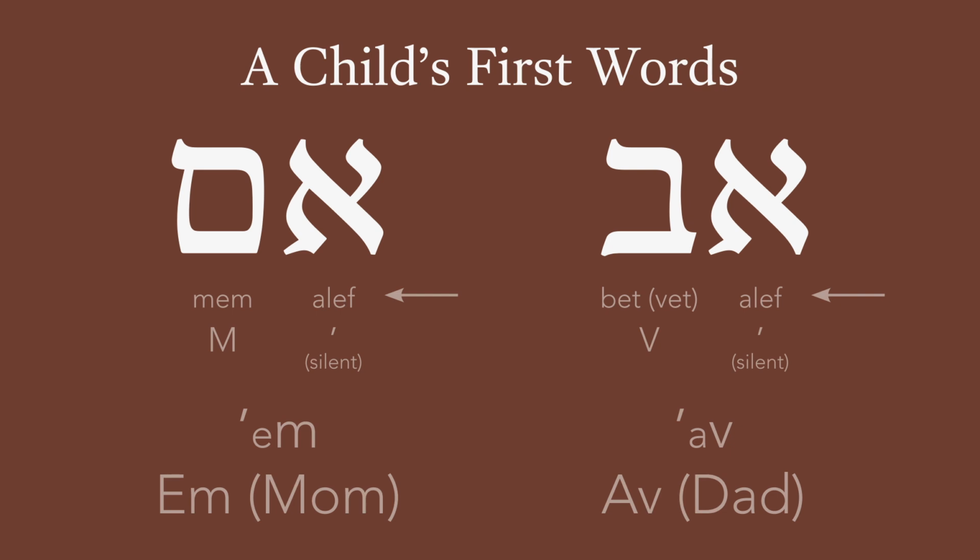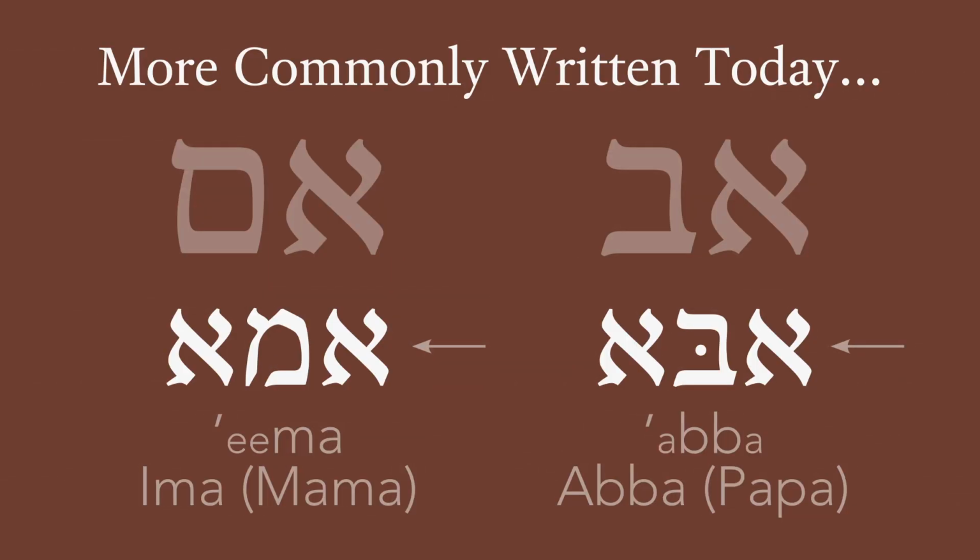Now, in modern Hebrew, it is more common to hear these 2 words in place of av and em. You'll hear Abba, which means father or daddy or papa. You'll note how similar it sounds to papa, Abba. And you'll also hear Ima, which means mother or mommy or mama.